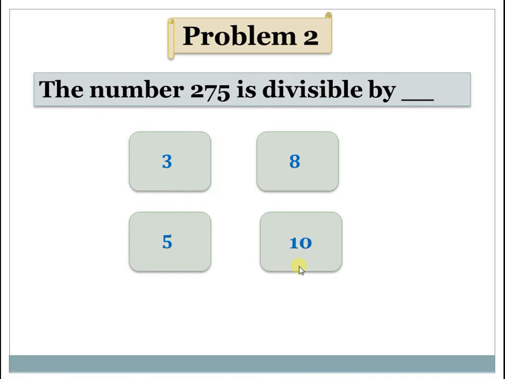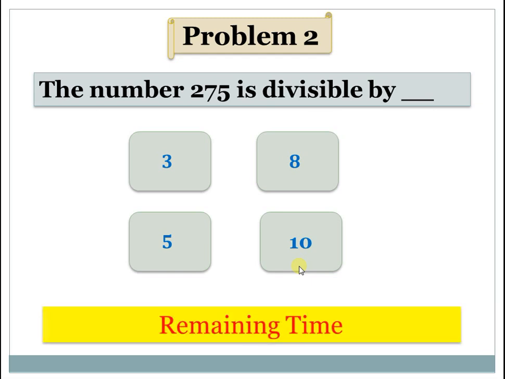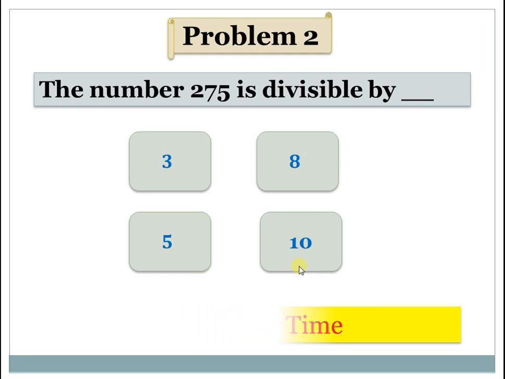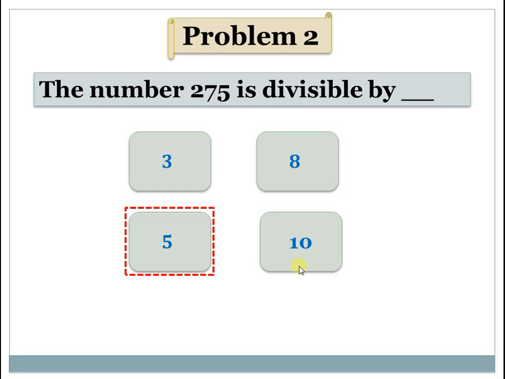Next. Problem 2. The number 275 is divisible by... Time is up. The answer is by 5. Okay.